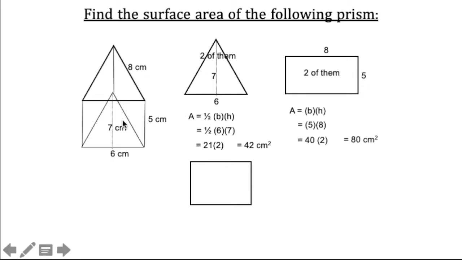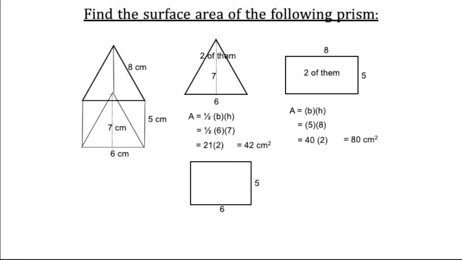Then we're done with these four sides, this side of a triangle and that side of a triangle, and then this one and then that one. We're done with the front, and then there's that one at the back, and then we've done the right and we've done the left. What is left is the bottom rectangle, which is that one.